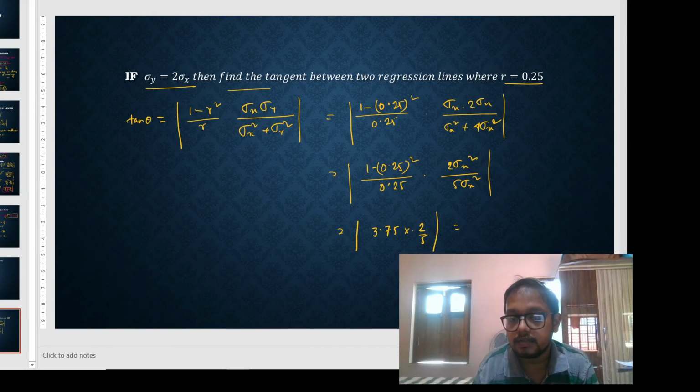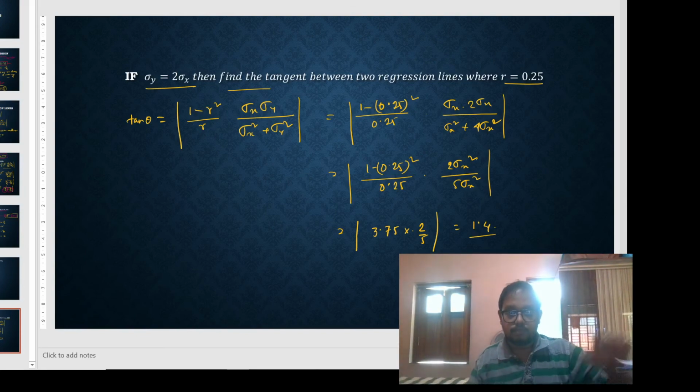So here we will get a value that is 1.4. This is the value of tangent. So I hope you understand how you can find the angle between two regression lines.